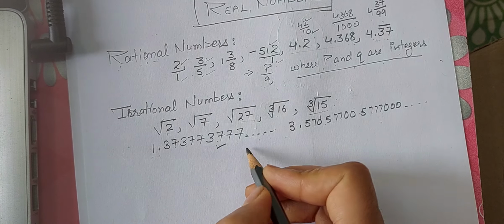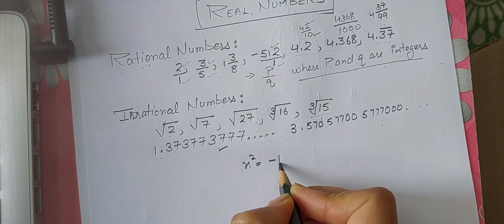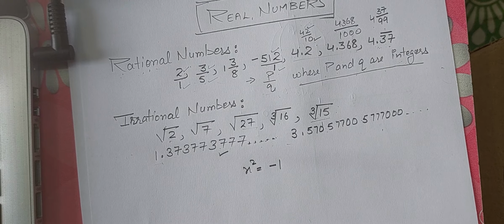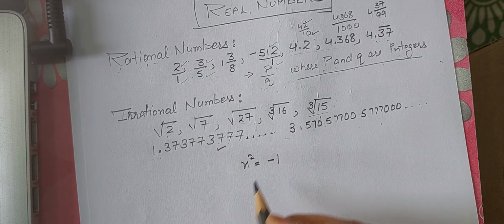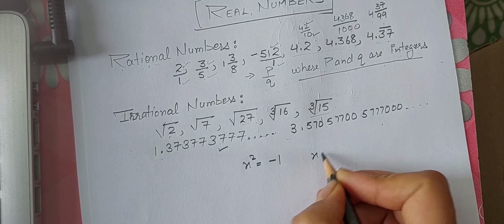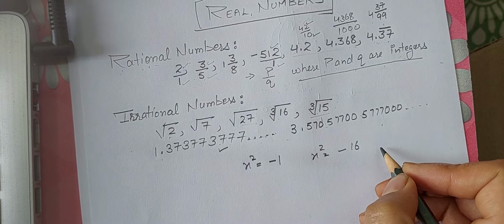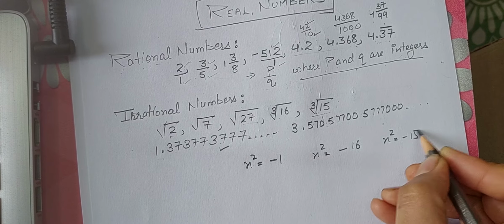If at any point you get x square equals -1, right now there's no chance. Till class 9 maths there's no chance, but in senior classes you do get situations where x square is -1 or x square is -16, or x square is -15.